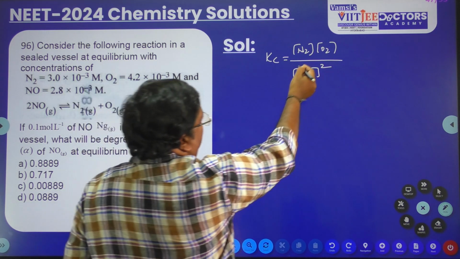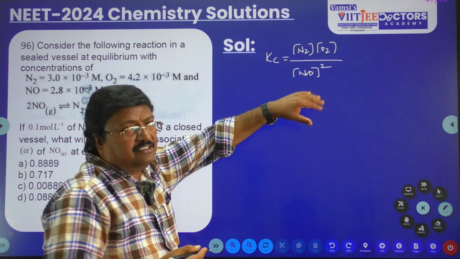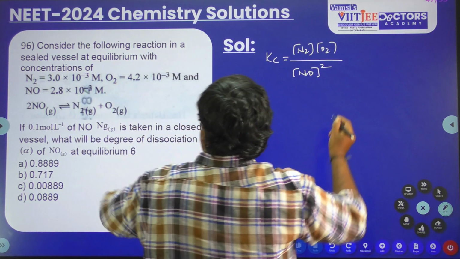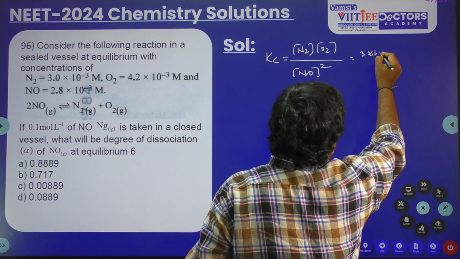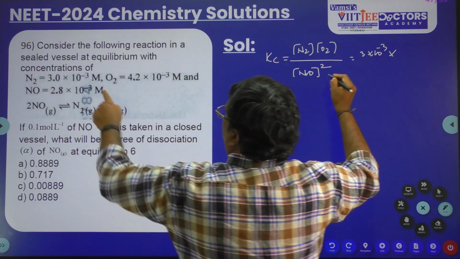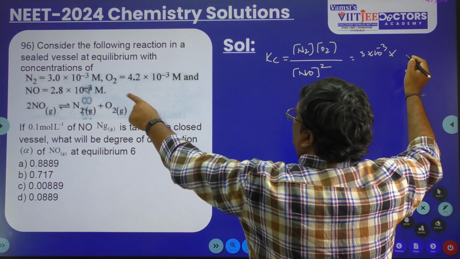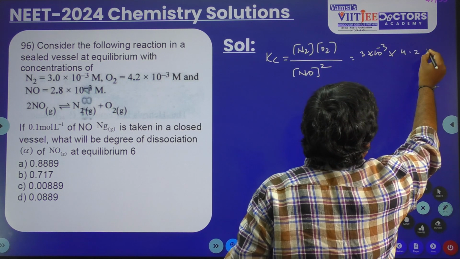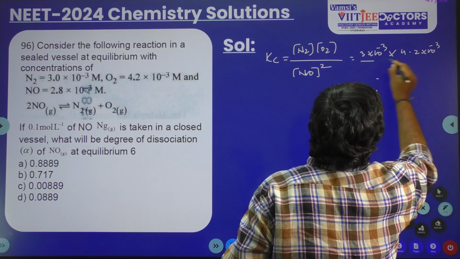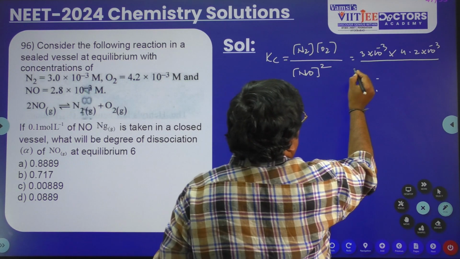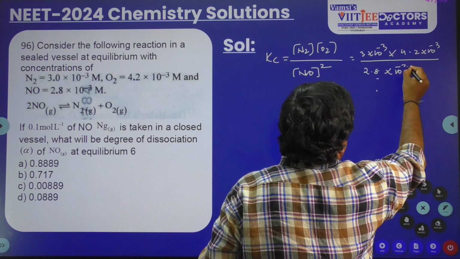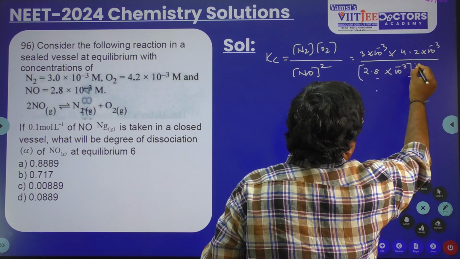Substituting the values, N2 is 3 into 10 power minus 3, O2 concentration is 4.2 into 10 power minus 3, by NO, 2.8 into 10 power minus 3 M, squared.